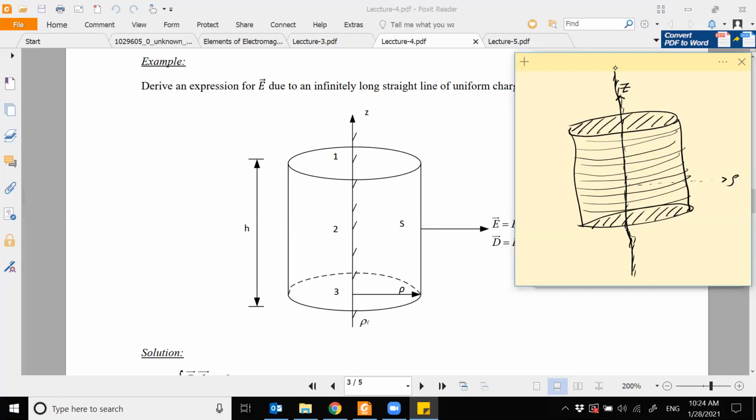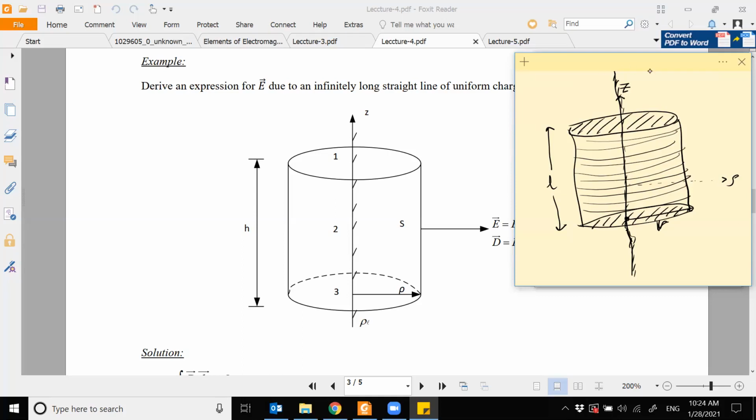Unfortunately, you cannot enclose it in an infinite closed cylinder, so you have to enclose it in a finite length, and this length is L. In the previous case, our spherical shell radius was R, and that's why the area of the spherical shell became 4 pi r squared.